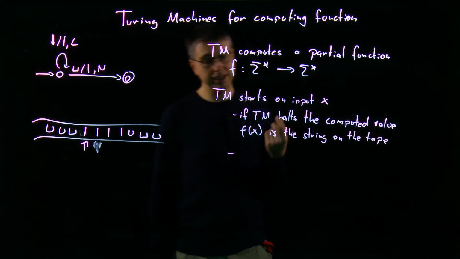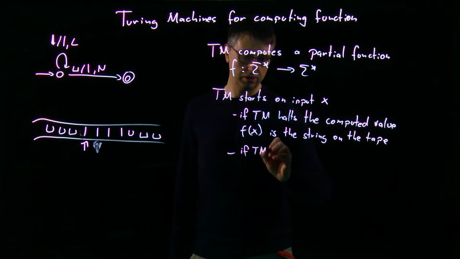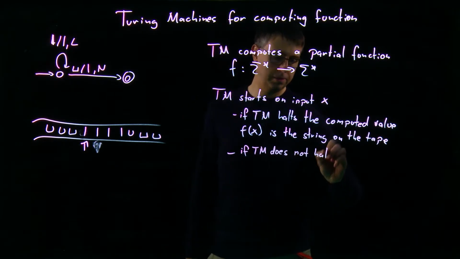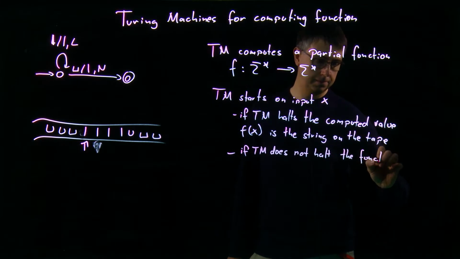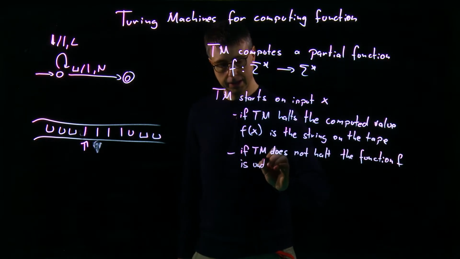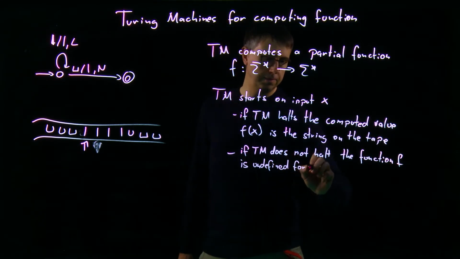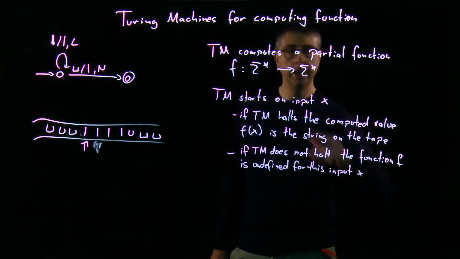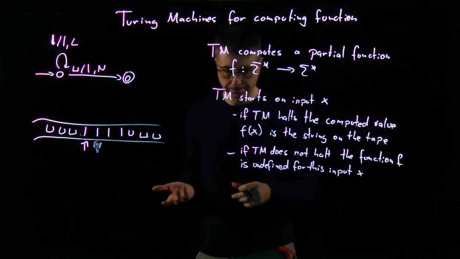And if the Turing machine does not halt, the function is undefined. If the TM does not halt, the function f is undefined for this input. And in this sense, the Turing machine can be used to compute a function.